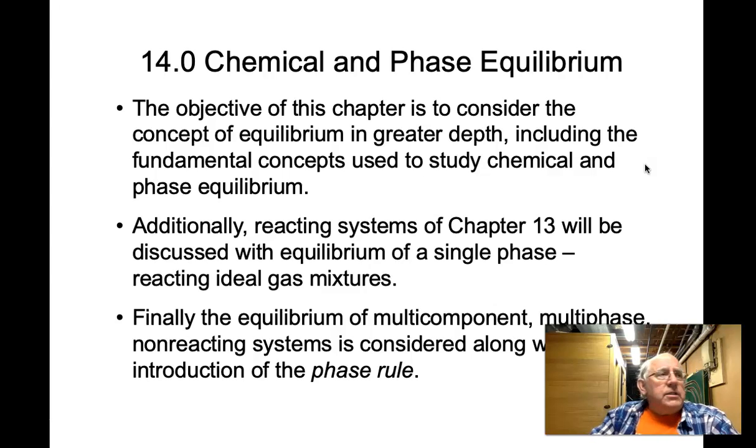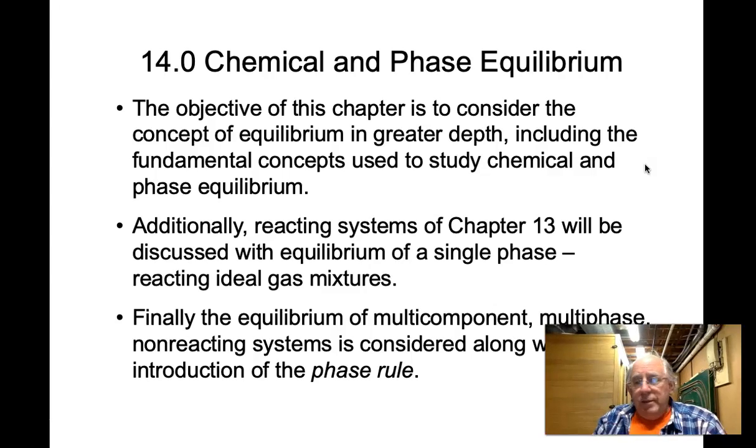In reacting systems that we just covered in chapter 13, what we saw was an equation that could be written that corresponded to the processes occurring as certain substances that we called fuels react with certain substances that we call oxidizers to form new substances that we call products.